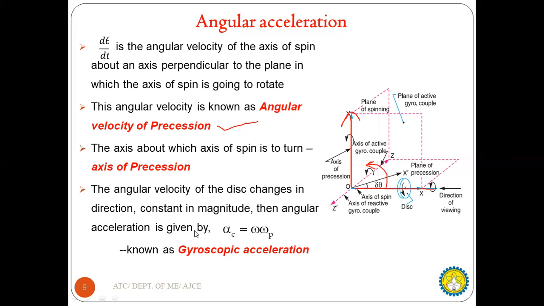So angular acceleration is given by alpha c equal to omega p, where omega p is d theta by dt, the precession. That angular velocity of precession is omega p, and this alpha c is known as gyroscopic acceleration.